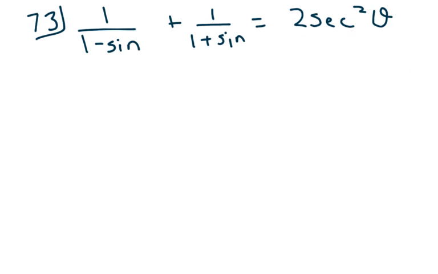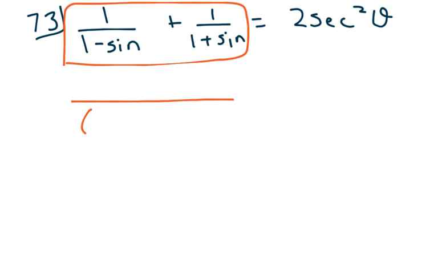Alright, in this case, when I see something like this, I know this is the side I'm going to work with, and I know I'm going to get the common denominator. My common denominator is 1 minus sine times 1 plus sine.